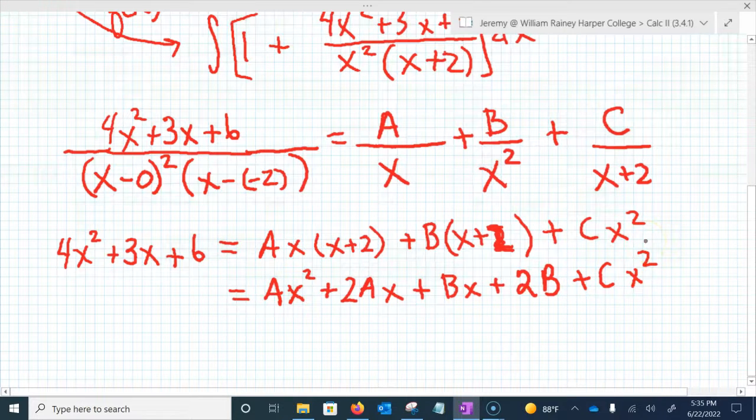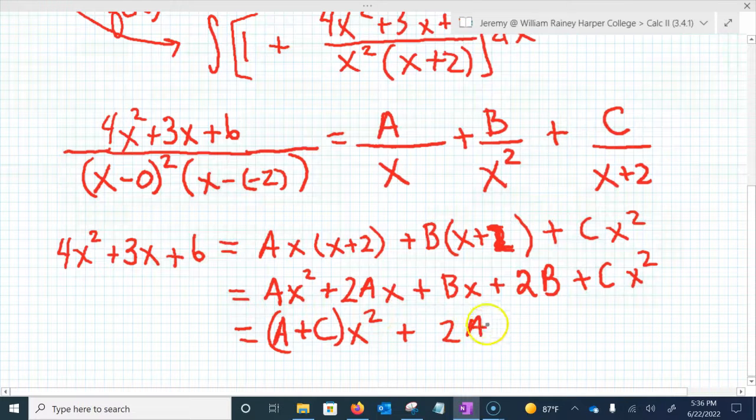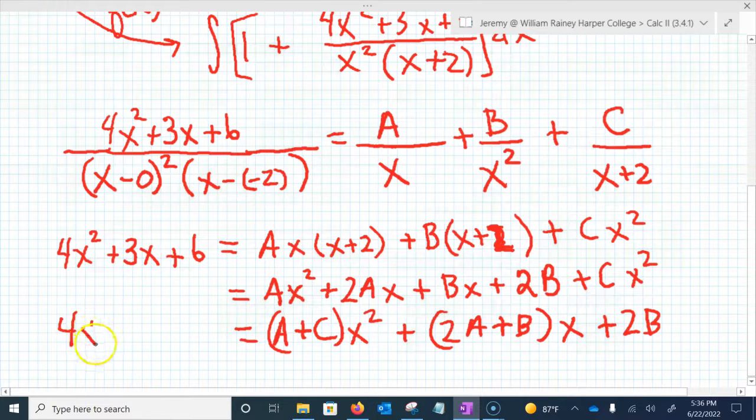So collecting all of the like powers of x, I get a plus c times x squared, plus 2a plus b, right, 2a plus b, x, and then plus 2b. And that's got to equal 4x squared plus 3x plus 6.